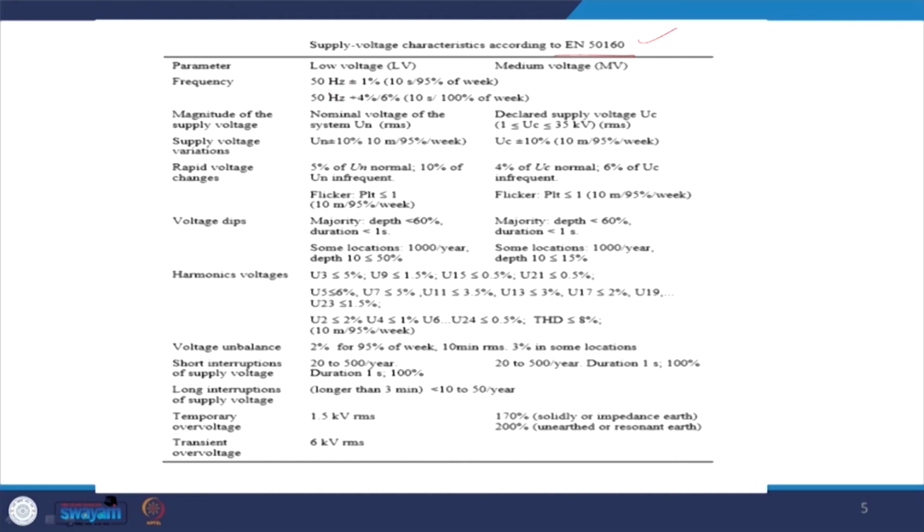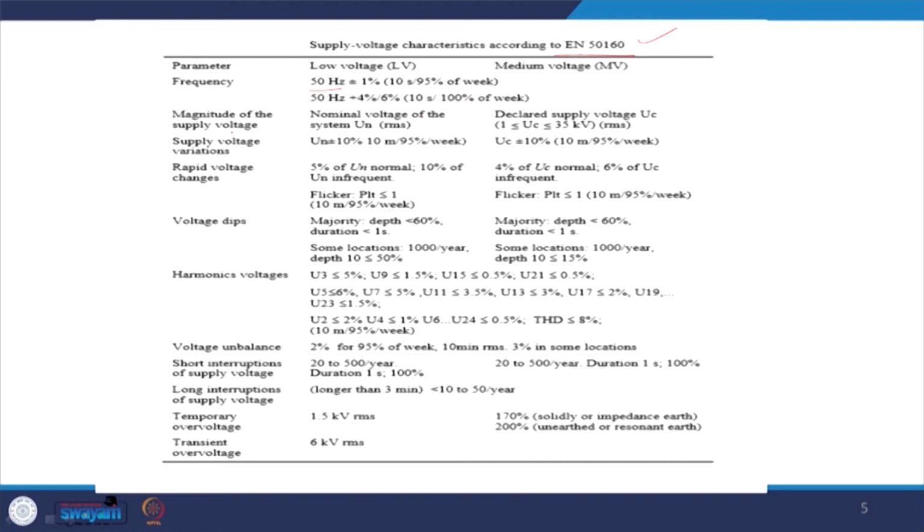The frequency will be 50 hertz and should be plus minus 1%, and for 10 seconds, 95% of the weak grid, and we can have 4% or 6% for 100% of the weak grid.